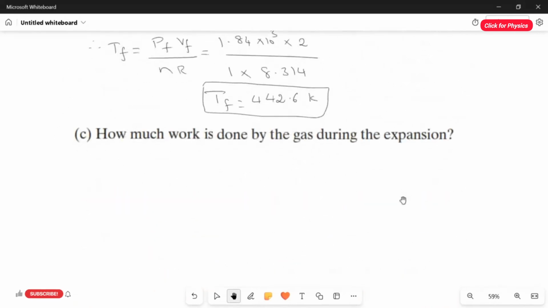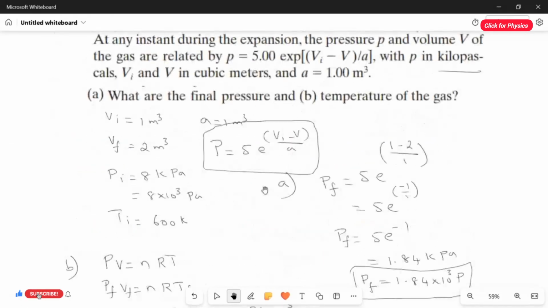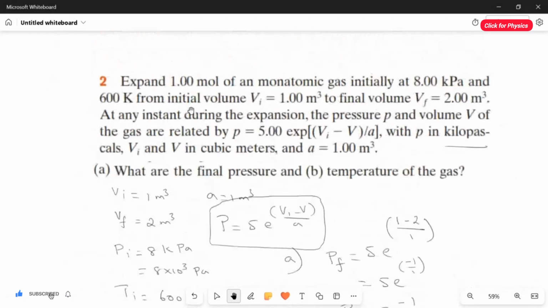Now we have to come to the third part. How much work is done by the gas during the expansion? This part is very, very important, because here we have to use integration. Let's go back to the question. You can see the equation: at any instant during the expansion, the pressure P and the volume V of the gas are related by the equation.